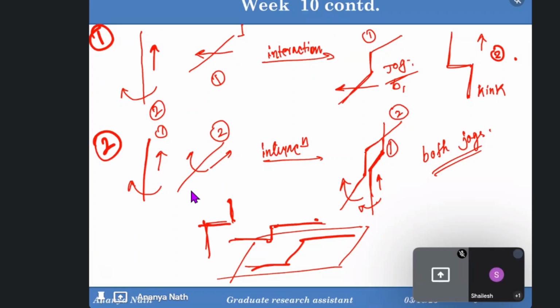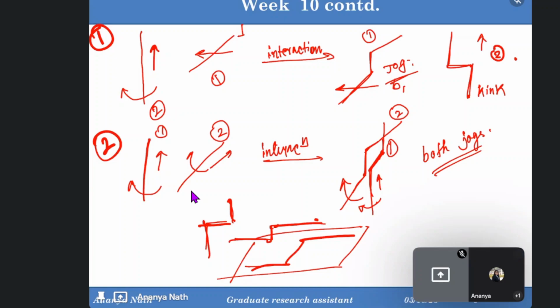Yes. The screw dislocation will have the kink type fault, and the edge dislocation will have the jog type orientation whenever they are interacting with each other.